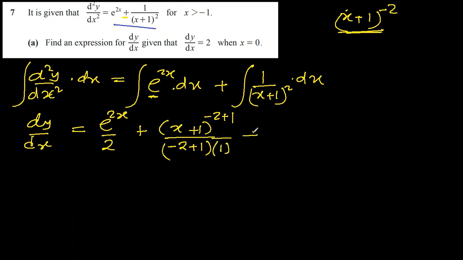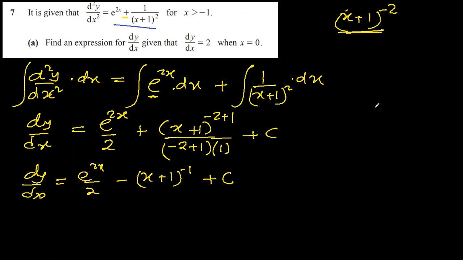Okay, then plus c. dy over dx equal to e to the power 2x over 2, and this will be (x plus 1) to the power minus 1, and the denominator will be minus 2 plus 1, which is minus 1. So this positive sign becomes negative sign, and we'll be left with (x plus 1) to the power minus 1 only, plus c.